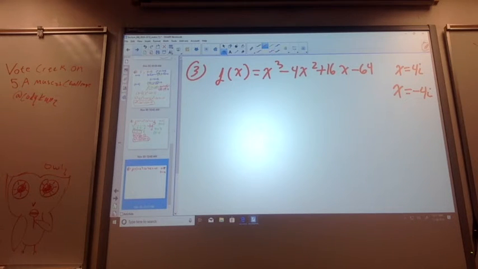How many zeros does this have? What's my highest degree? 3. How many zeros does it have? 3. How many are listed up there right now? 2. I'm looking for my last real 0. Anyone have a graphing calculator out? If so, graph y equals x to the third minus 4x squared plus 16x minus 64.